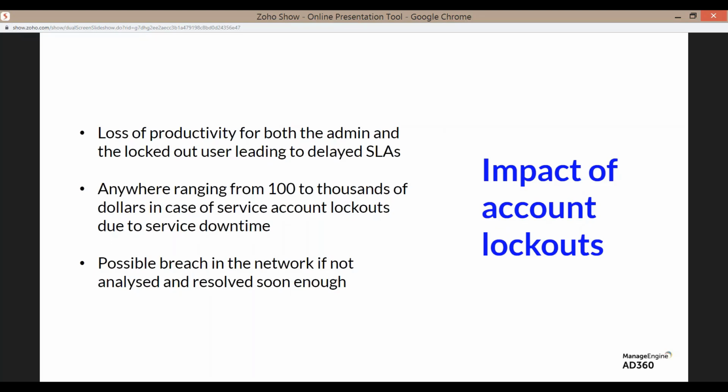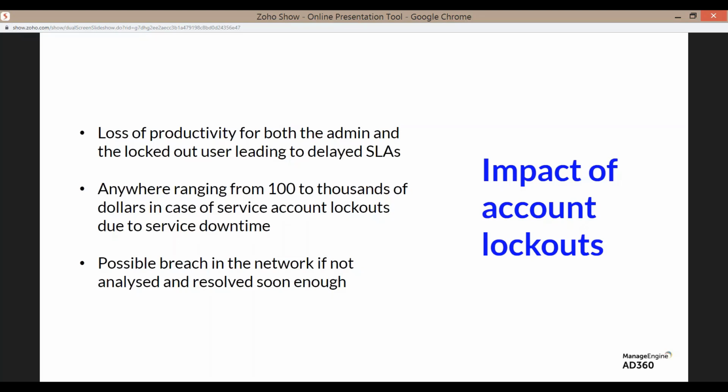From an administrator standpoint, you would be required to spend hours, not just to unlock an account. If it's just unlocking an account, it would probably take 5 minutes at best. But then, does it really stop right there? You would need to ensure that the same user does not keep getting locked out. You would want to drill down a little further to understand the reason behind the lockout.